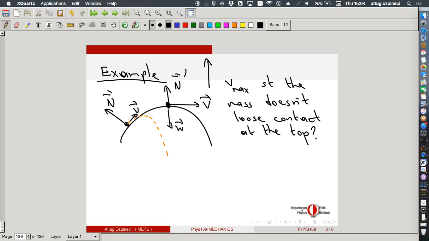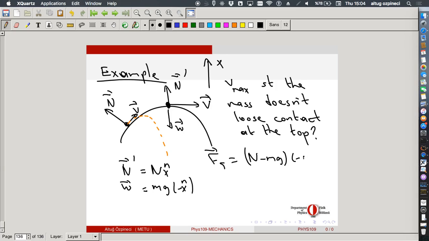If this is the x direction, we can write the normal force as N in the x direction. The weight will be mg in the minus x direction. The total force will be N minus mg in the minus x direction.